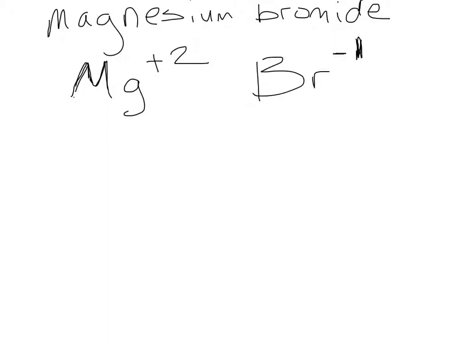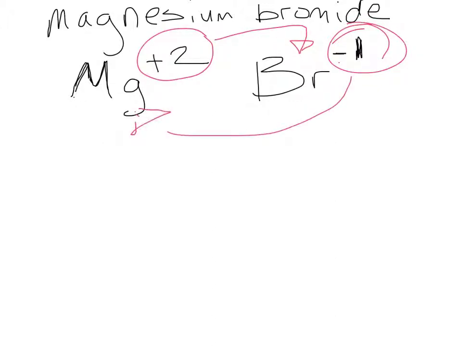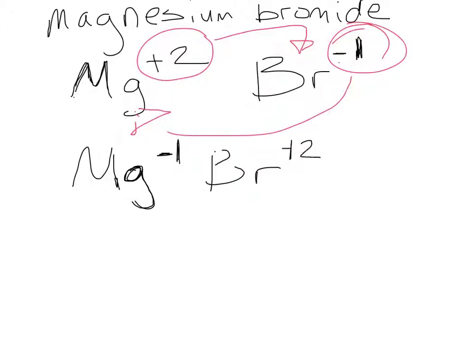Alright, so we're going to, again, take this, move that over here, take this, move that over here. So then when we have Mg, the -1, and really at this point, if you know that the charges are going to be dropping too, then just go ahead and do that already. That's just an extra step. Alright, and then Br with a +2.